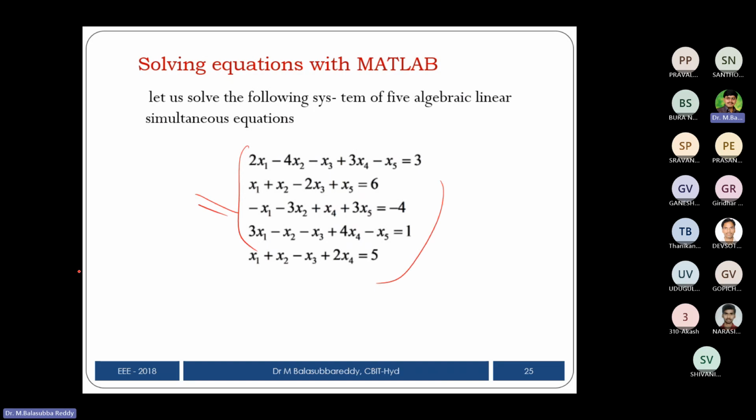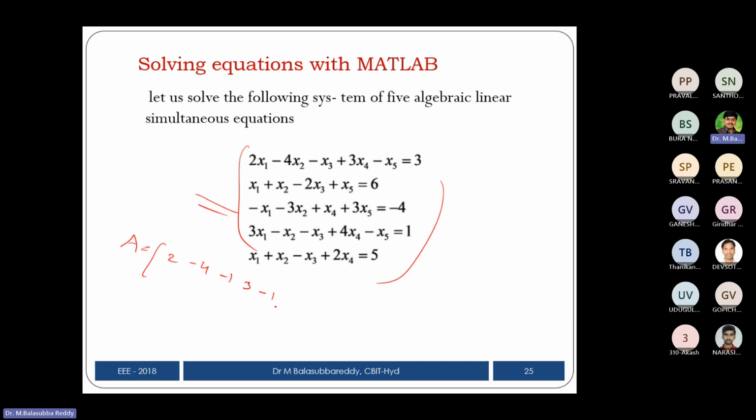And now you can see how to solve. First, same thing, you must find the coefficients of the A matrix. 2, -4, -1, 3, -1. These are the coefficients. Then 1, 1, -2, and 4 is not there. Then 5 is 1. Then -1, -3, 1, 3, 3 is missing.